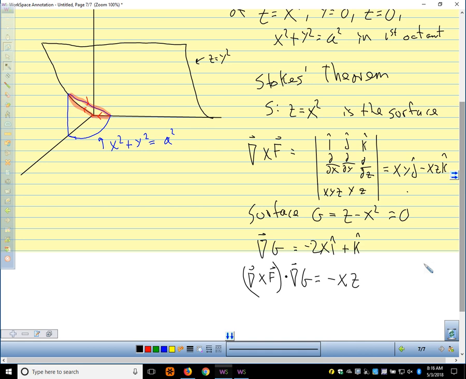And on the surface, we're going to do the double integral over a region in the xy plane. On the surface, z equals x squared, so this equals minus x to the third. All right, so what we're evaluating is a double integral over a region in the xy plane of minus x to the third dA.